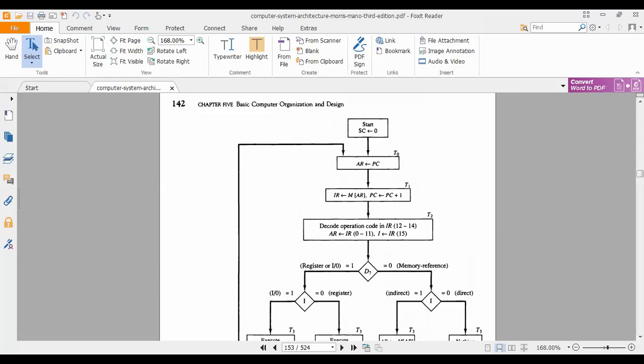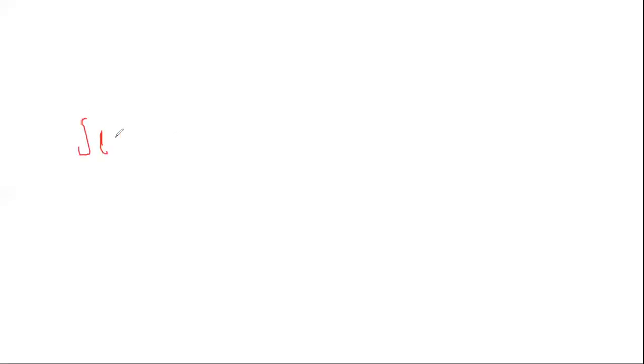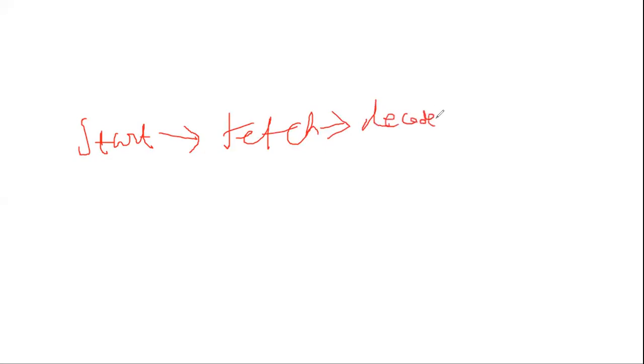So if you think like this, the first one is you are starting the instruction cycle, then you are fetching, then decoding, then execution, then the next instruction after execution.